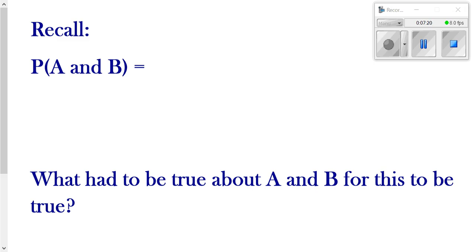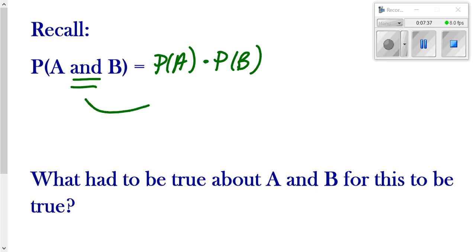Okay, that's the first idea of today. Here's the second one. The second idea has to do with when you have an AND problem. Now in Unit 4, we said it's an unusual situation in math. Usually AND means an addition sign, but in probability AND means to multiply. Just make a note of that.